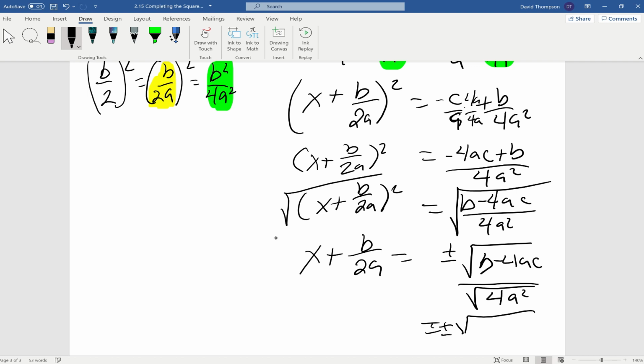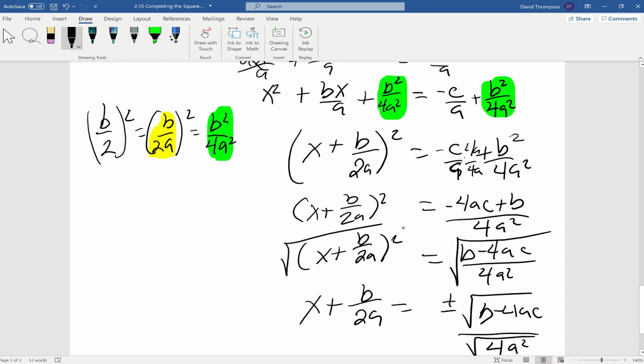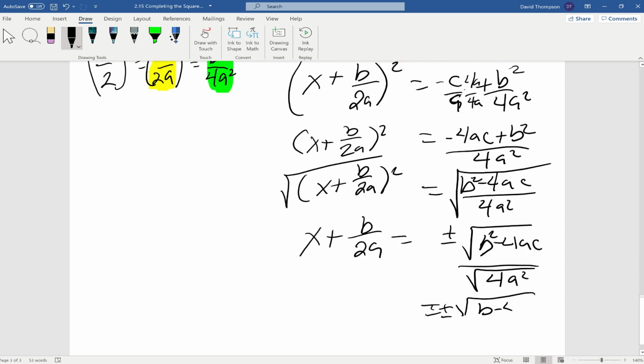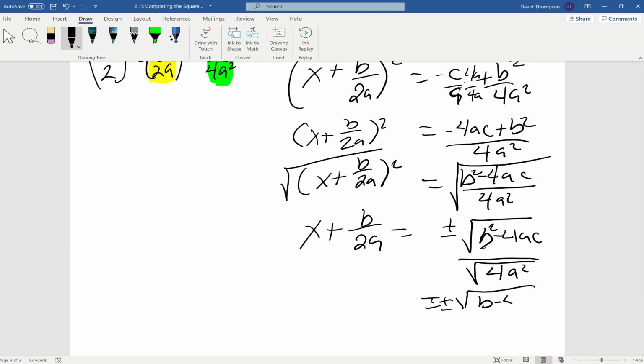So plus or minus, sorry, this should have been b squared. I just copied it. b squared minus 4ac all over 2a. And then we just have x plus b over 2a.